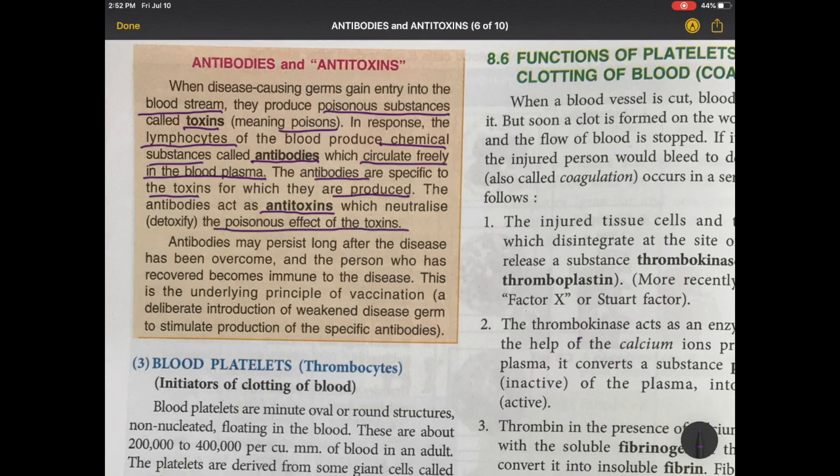If we take, for example, the COVID-19 pandemic right now, you must have heard, the government wants to make a plasma bank. Just like we have a blood bank, a plasma bank is being thought about by the government.